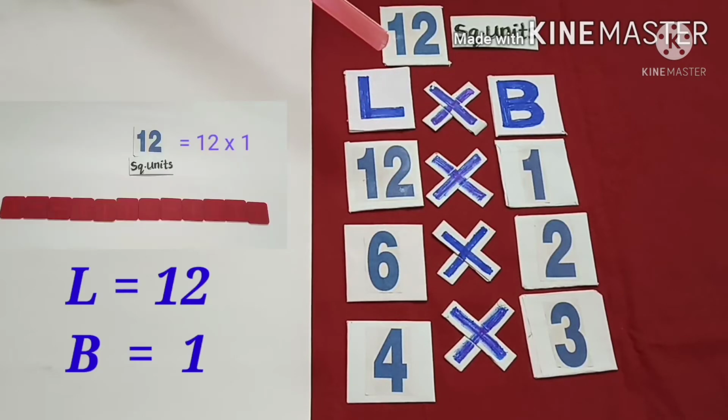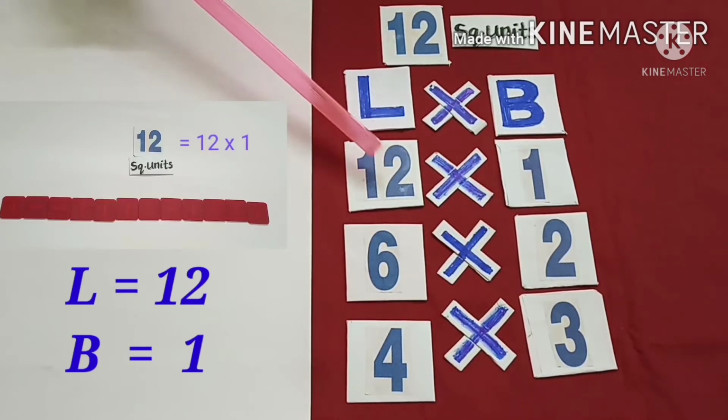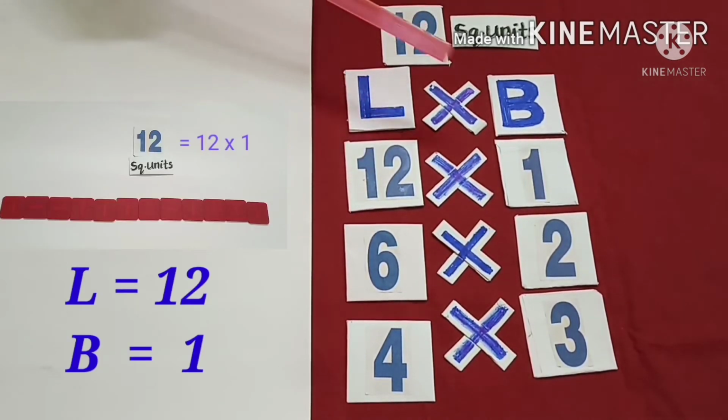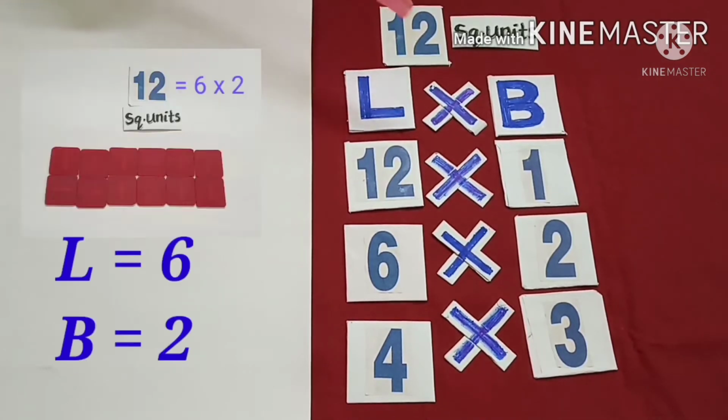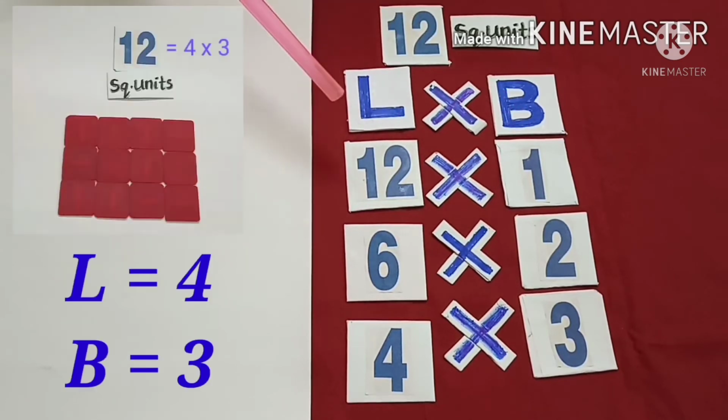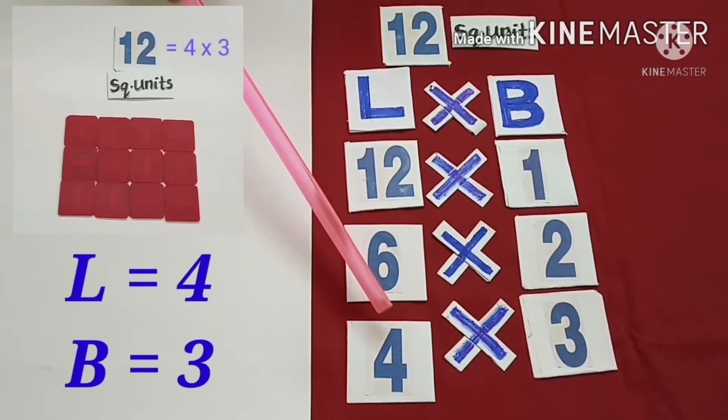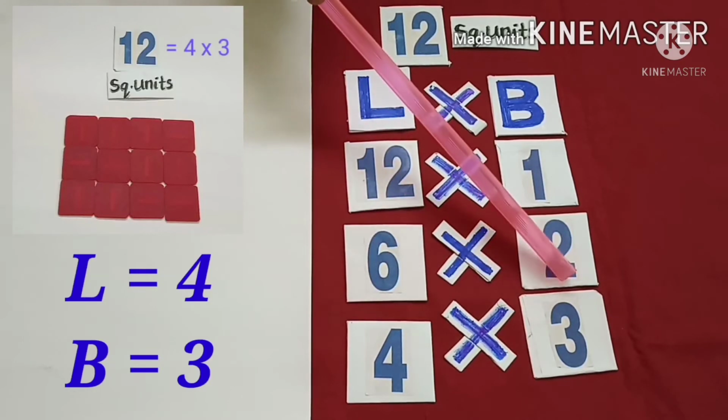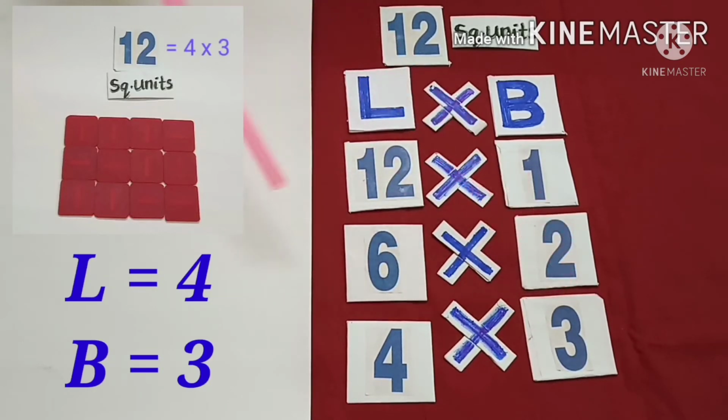So first we arranged length equal to 12, breadth equal to 1. Next we arranged length equal to 6, breadth equal to 2. Finally we arranged length equal to 4, breadth equal to 3. So we get the same answers.